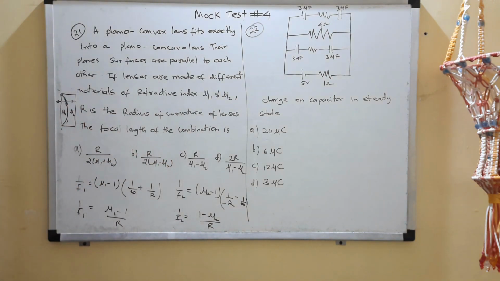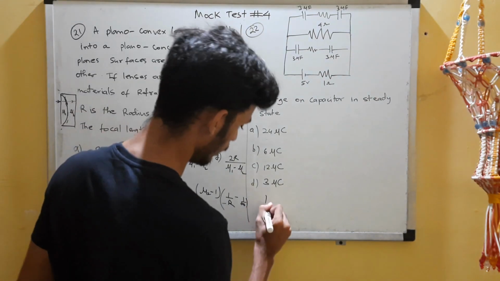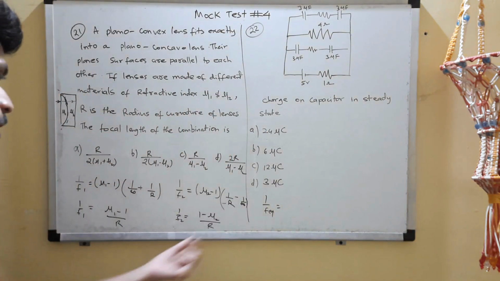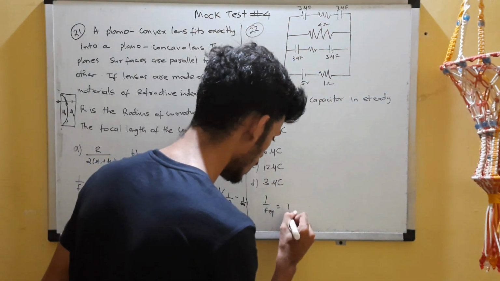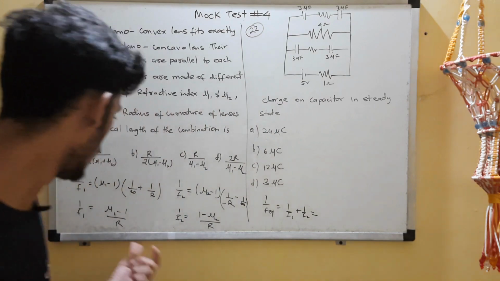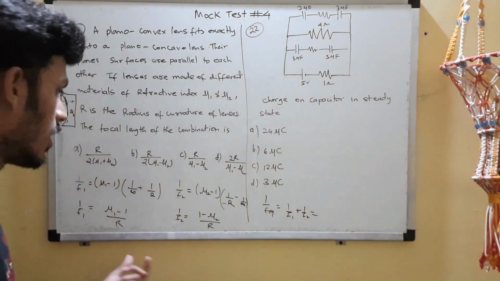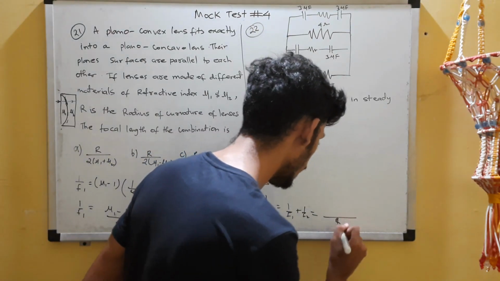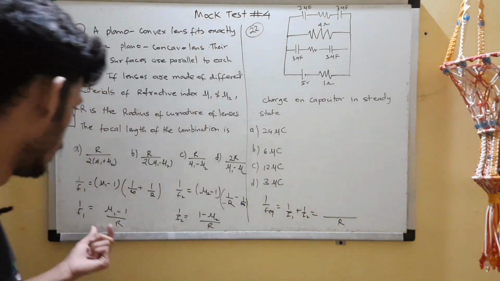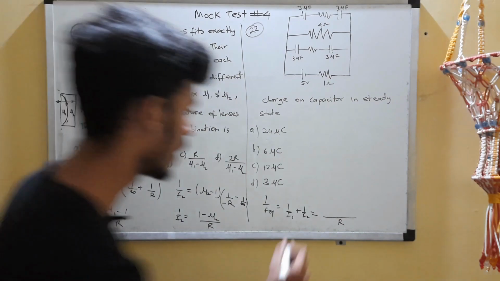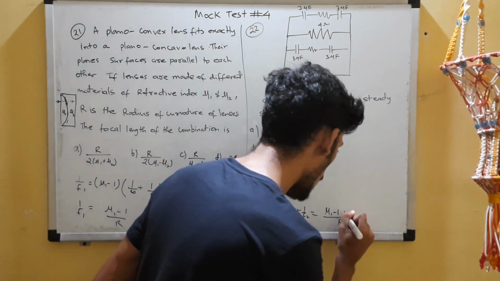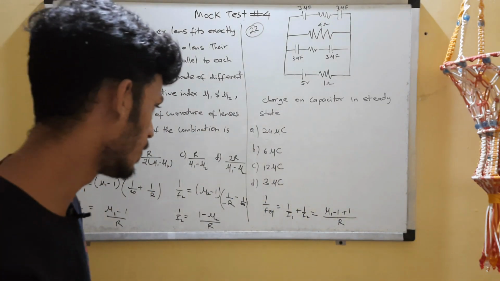So the reciprocal of the equivalent focal length will be the sum of these reciprocals. We get 1 upon r times mu1 minus 1, and again mu1 minus 1 plus 1 minus mu2.